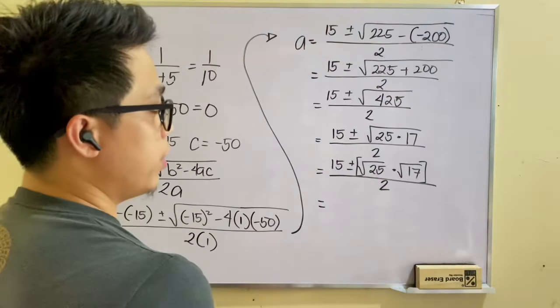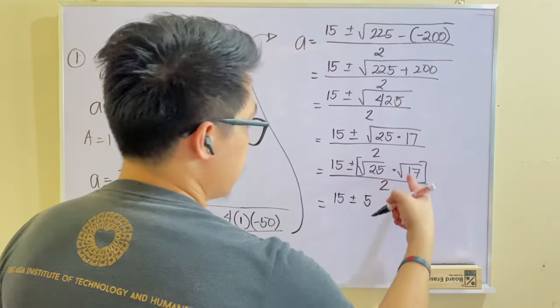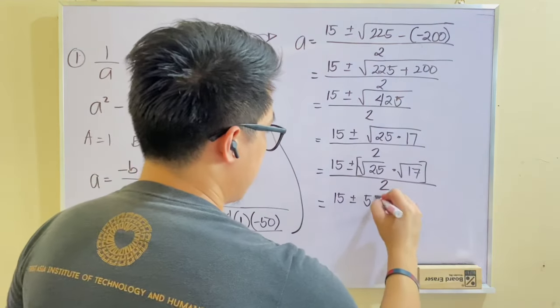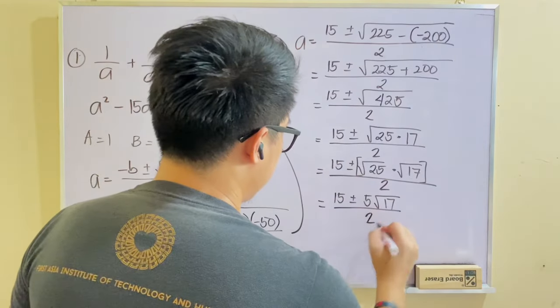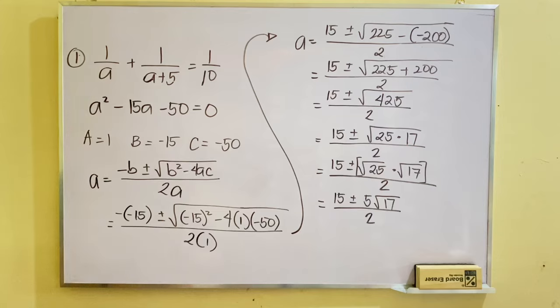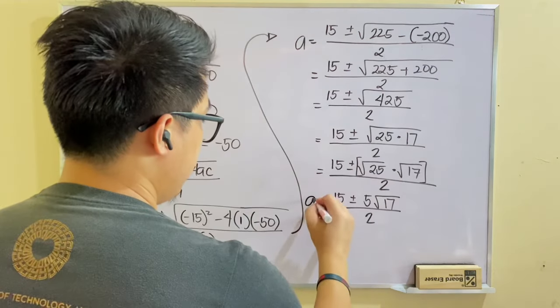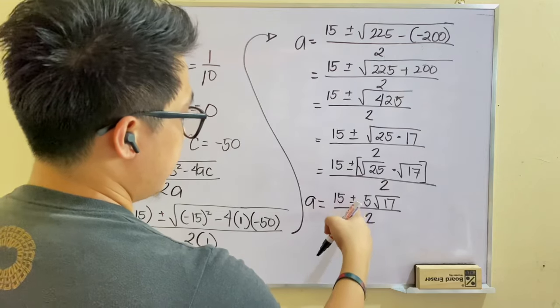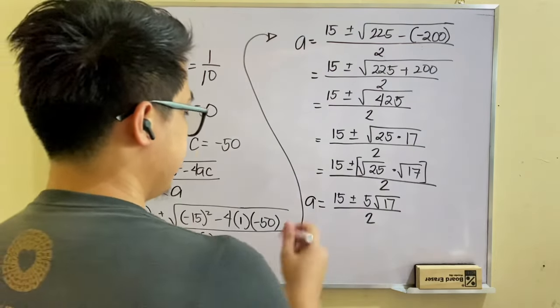Ano yung square root ni 25? So, tama. Siya ay 5. Then, square root of 17. So, wala naman siyang exact square root. So, square root of 17 all over 2. So, ang value ng ating a will be 15 plus or minus 5 square root of 17 all over 2.